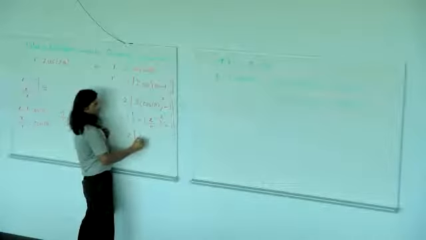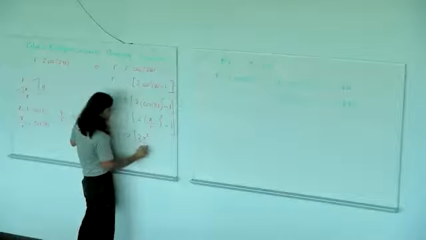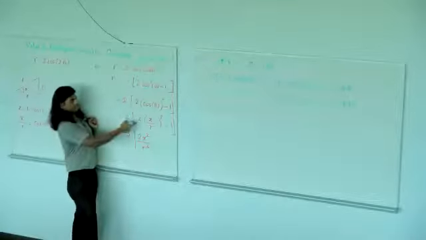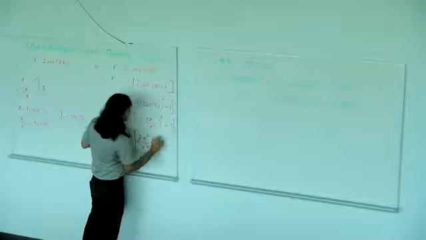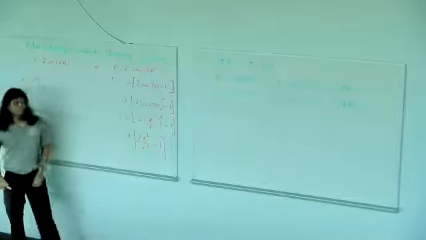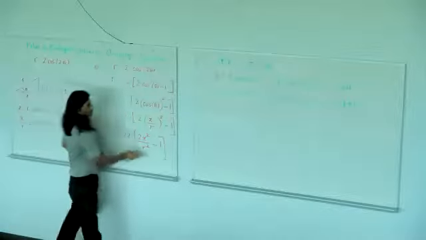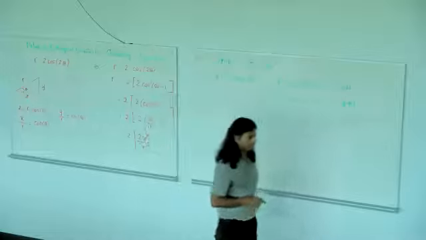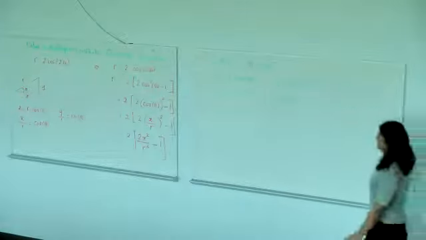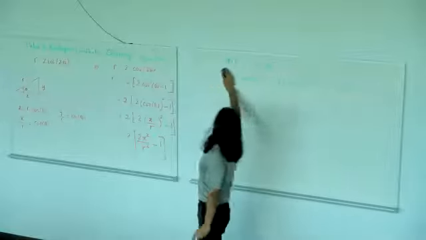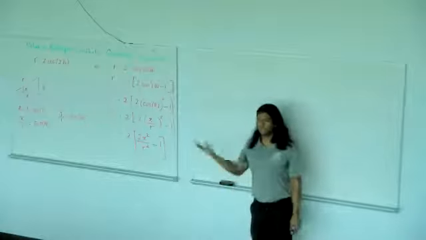So I would end up having 2 times x squared divided by r squared minus 1. How do we combine those two?